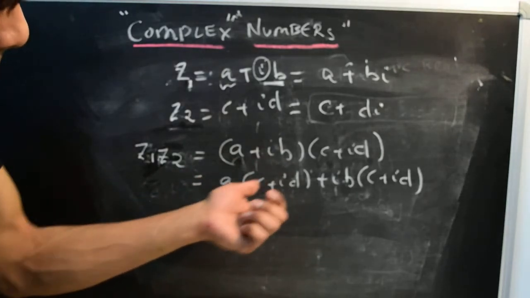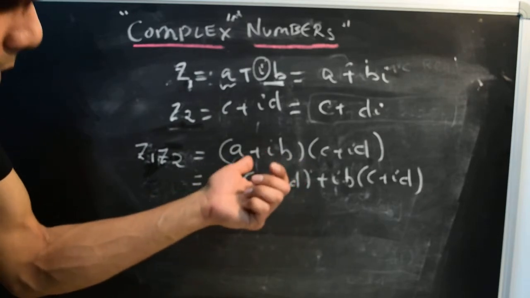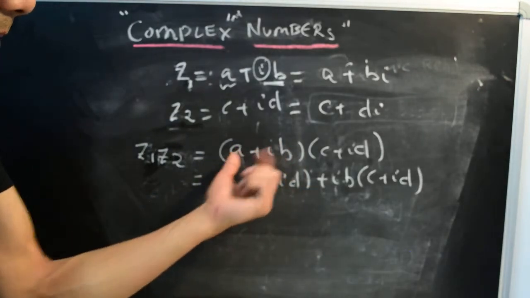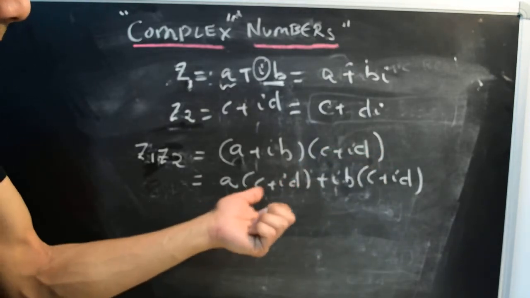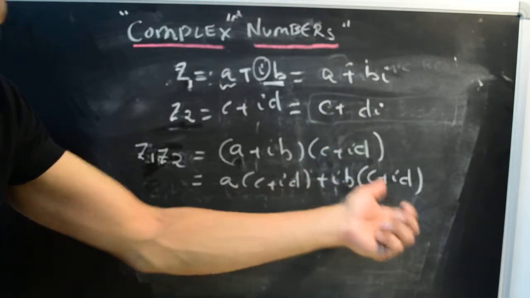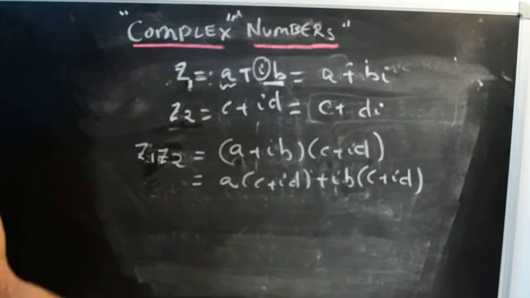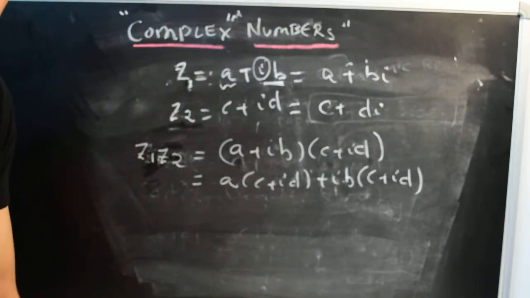So we're still claiming that a plus ib, and its product with c plus id, can be written in the form a times c plus id plus ib times c plus id. This is part of the definition that we're making for multiplication of complex numbers.